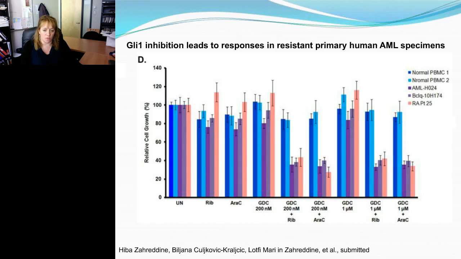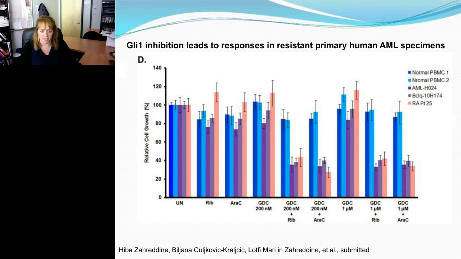And we see that when you treat these cells with ribavirin or 200 nanomolar ARC, you don't really see very much of an effect. If you treat them with GDC alone, you don't see very much of an effect. But if you treat with either 200 nanomolar GDC or 1 micromolar GDC, you can clearly see that all of the AML specimens are sensitive in combination with ribavirin or ARC.